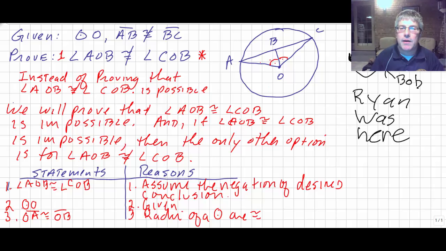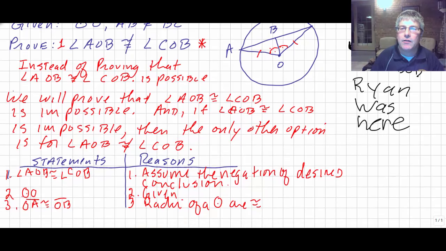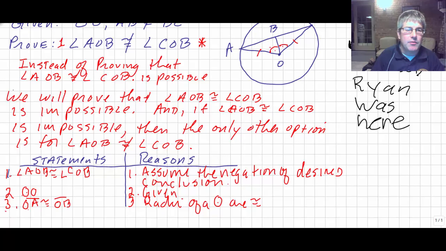So I'll go ahead and mark my diagram. Those are congruent. And, well, I've got options here. I can say BO is reflexive and prove these two triangles congruent by side angle side. I can go all the way across, and I can say angle A is congruent to angle C, and then get those two triangles congruent by angle side angle. So we've got some options here for step 4.